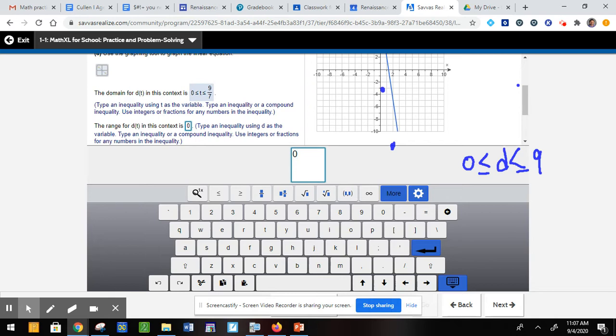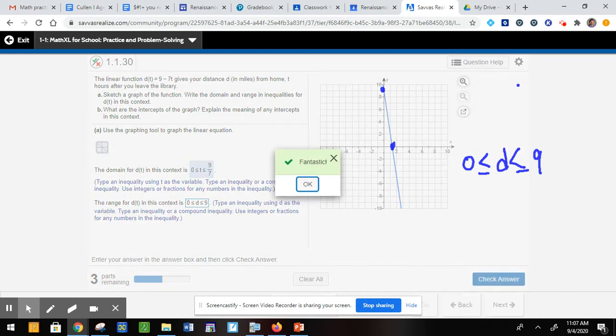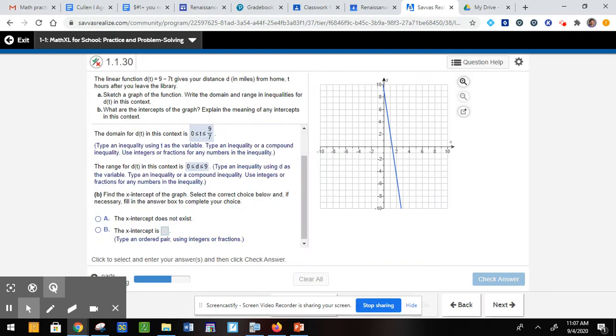So 0 less than or equal to d less than or equal to 9. All right, let's check our answer on that. Clear out our work for that one. Okay. Part B says find the x-intercept of the graph. Select the choice below, and if necessary, fill in the box.